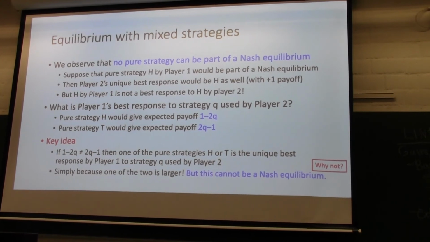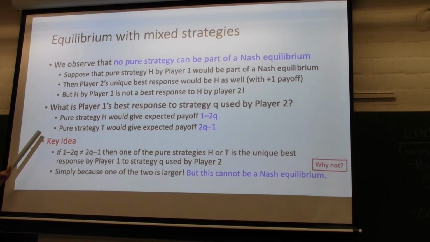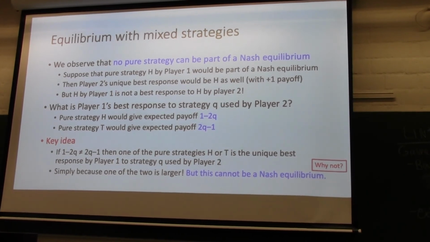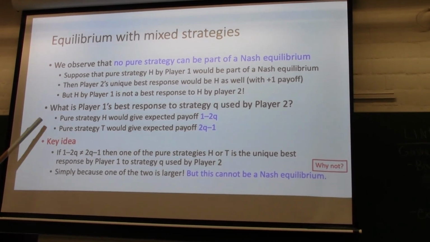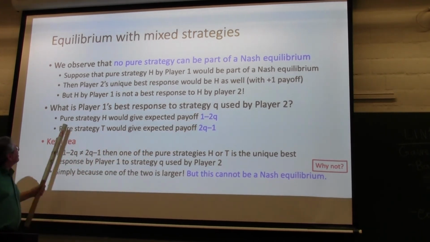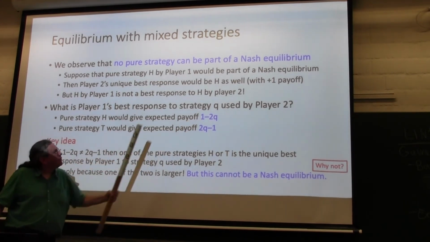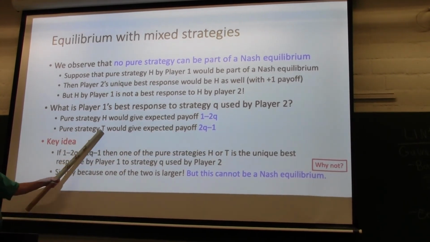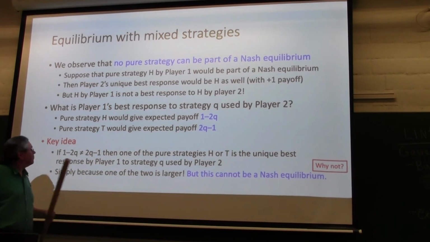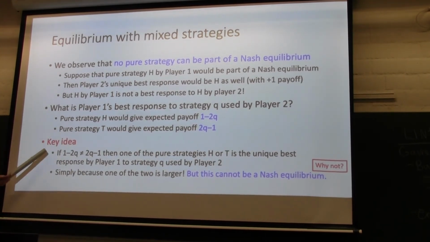So how do we figure it out? Here's one way of doing it. This is not so simple to think about. So assume player 2 uses strategy Q. If player 1 would do H, then they would get 1 minus 2Q. If player 1 would do T, they would get 2Q minus 1. So here's the subtle idea.